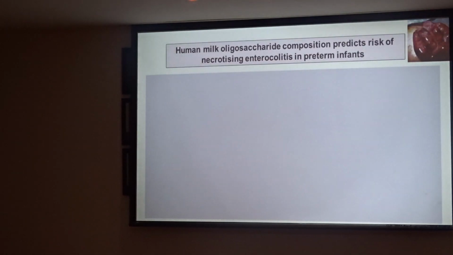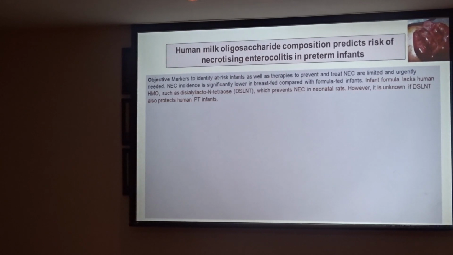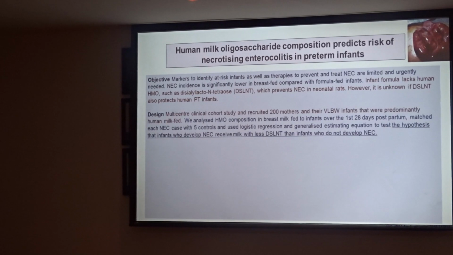This study is also interesting. There was a trial on giving rats a form of oligosaccharide called disialyllacto-N-tetraose. It could protect against necrotizing enterocolitis. So they made a trial.